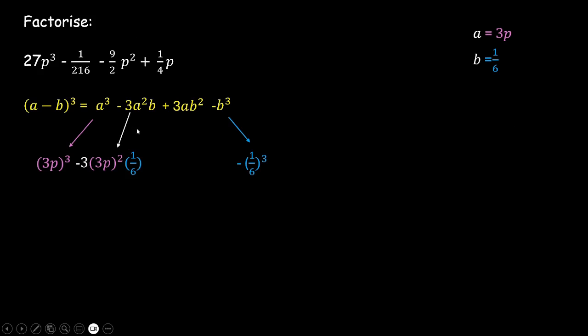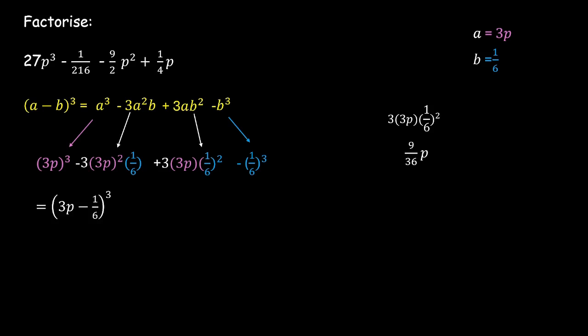We got this value using the identity. And plus 3ab square. So let's put the values. 3, a is 3p, b square is 1 upon 6 square. This is 3 into 3 is 9, square of 6 is 36. 9 by 36p, that is 1 by 4p. Well, this is a very correct expansion of the identity. So we just substitute the value of a and b. 3p minus 1 by 6 whole cube is the factorized form.